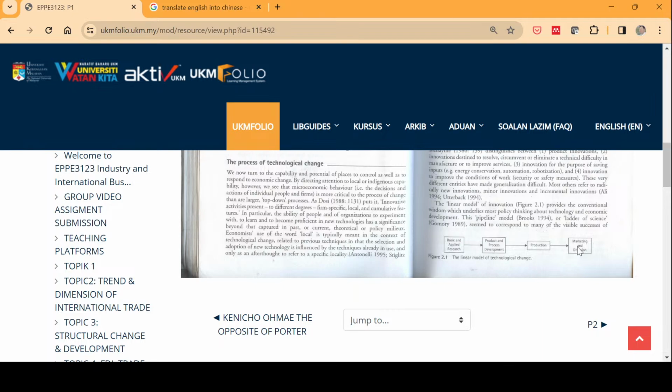The second one is the iterative model, which is more relevant to reality.